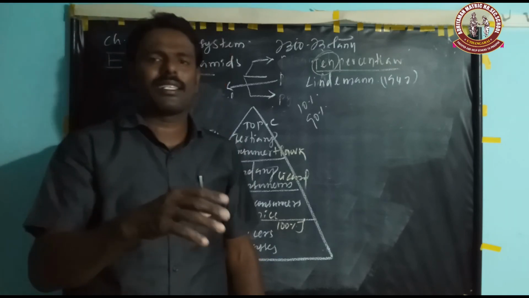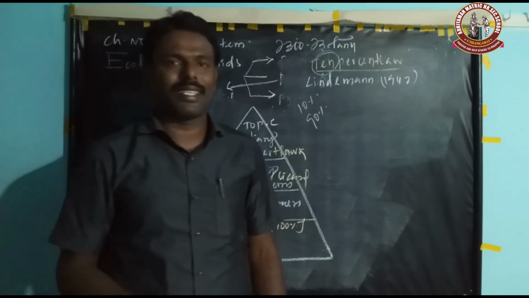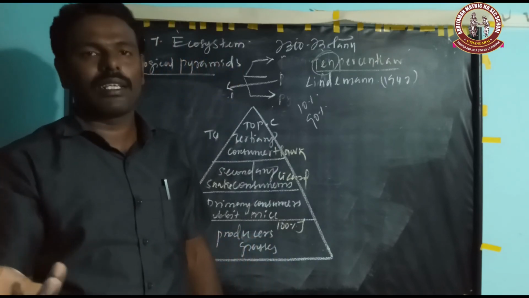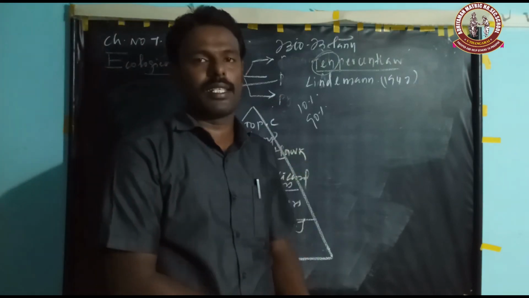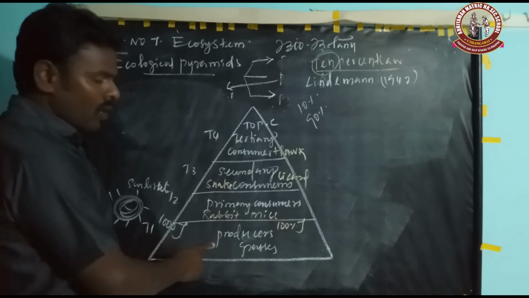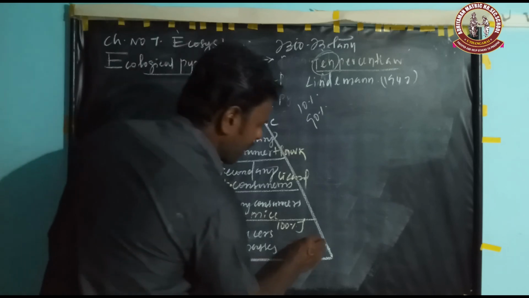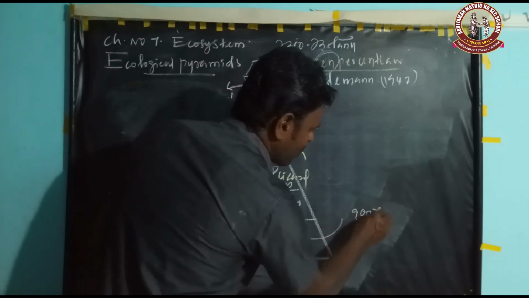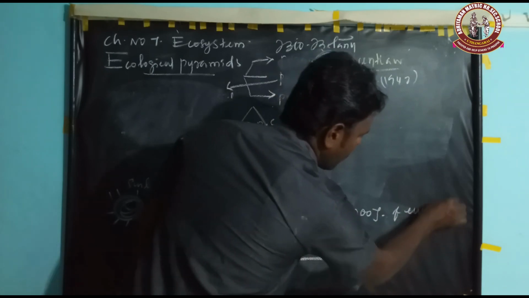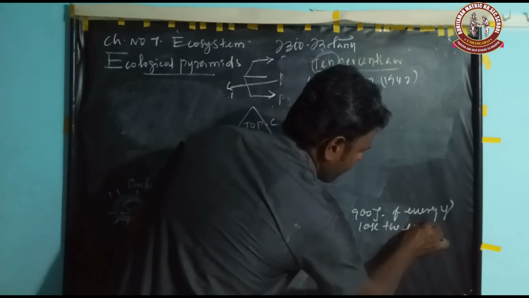Already in previous classes or in lower class levels, you understood photosynthesis, the process by which light energy is converted into chemical energy. That is called photosynthesis. So out of the thousand joules, the plants only utilize 100 joules, then the remaining 900 joules of energy is lost to the environment.